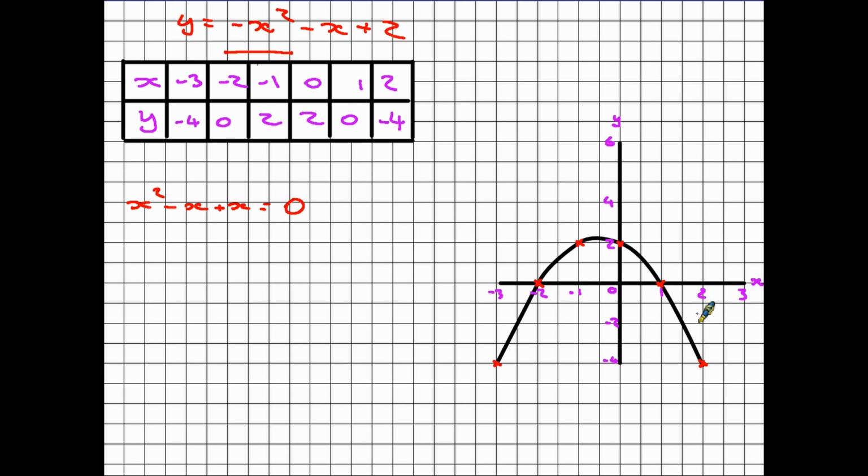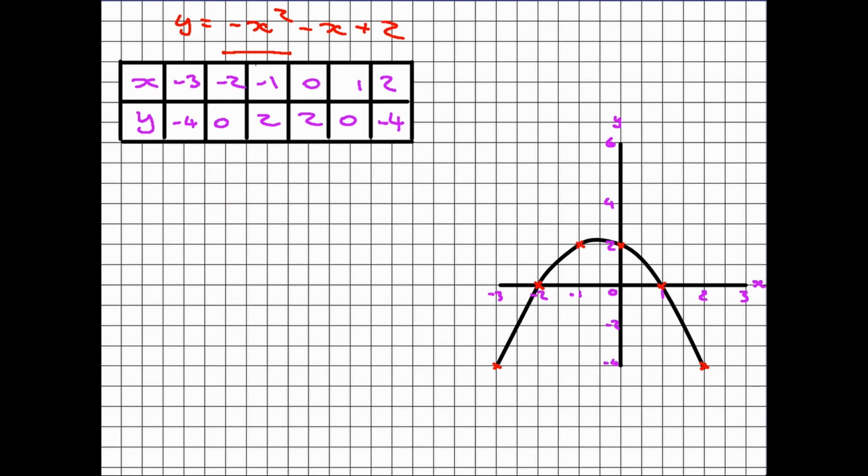In this particular graph, it's been given to us because there are in fact two coordinates on that line. Therefore, we know that where y is 0, which in our box is here and here, the corresponding x coordinates are x equals minus 2 and x equals 1. So that is solving the equation.